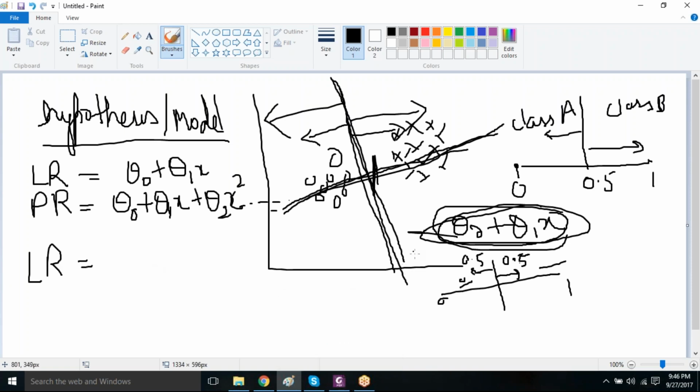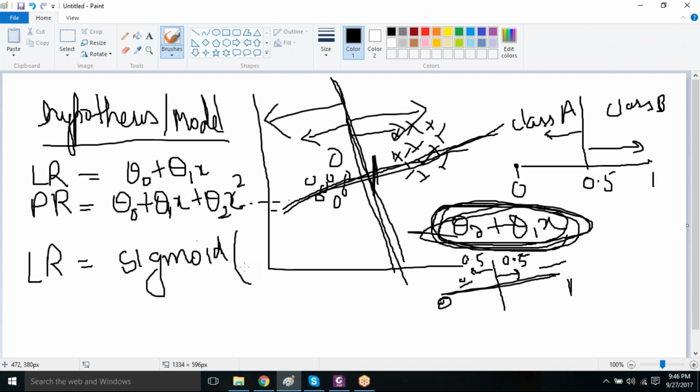So now what can be a function which can transform or map this regression value between 0 to 1 with this scenario? So, in mathematics there is a function called sigmoid function. What is the function name?